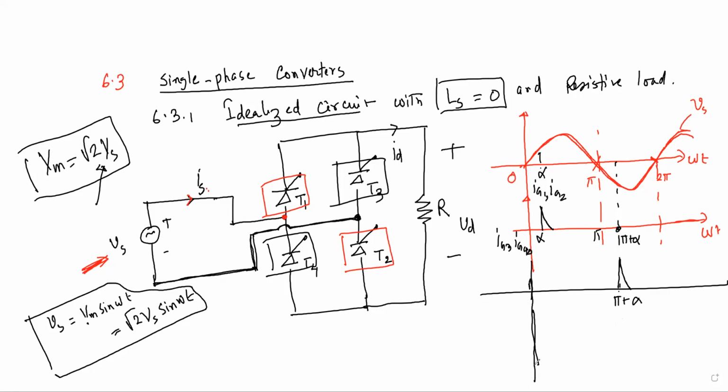So now tell me, from 0 to pi, which thyristor should be conducting? T1 and T2. Why? Because they are forward biased. Let me use the eraser. I am forgetting T3 and T4 and now plotting this one only.